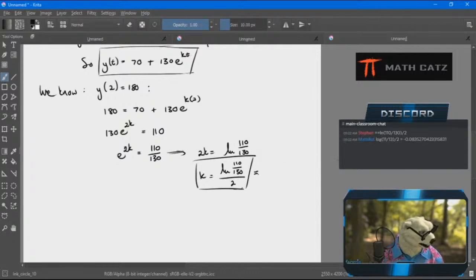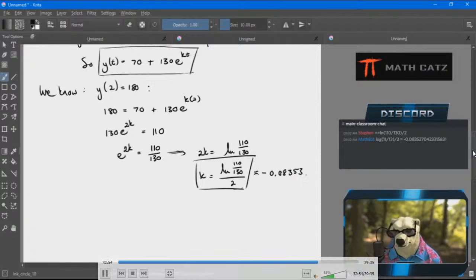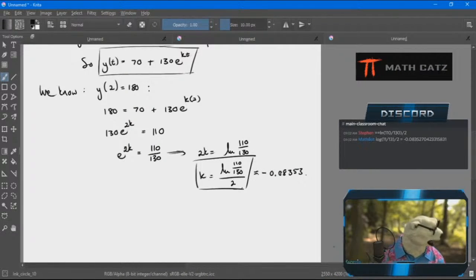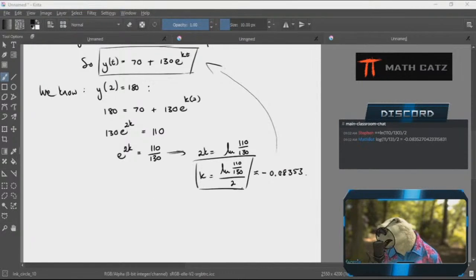Why do you say nothing, MathBot? Be faster. Negative 0.08353. All right. Now I know my function. That will go in there whenever I need it to. Let's see what they say.